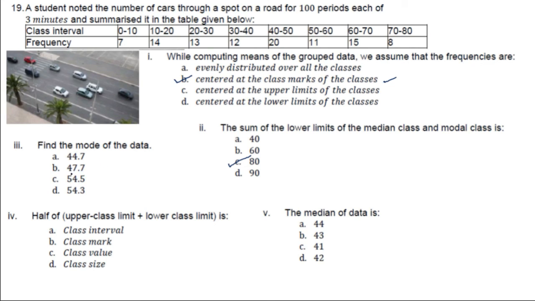Once you use the formula, you will come to know that 44.7 is the mode. Half of upper limit plus the lower limit is called as class mark. The median of the given data, you need to again calculate and you will find that it is 42.